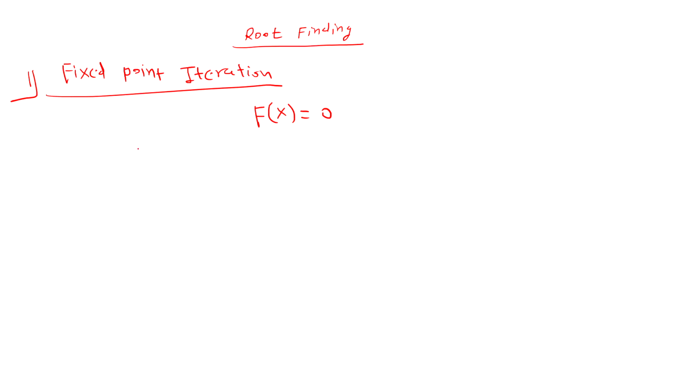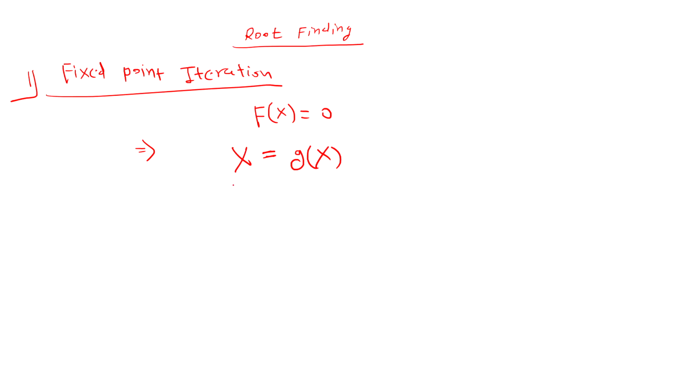Now, from this f of x is equal to 0 expression, in this fixed point iteration method, we will find out an expression such that it will be given as x is equal to g of x. So from this function f of x is equal to 0, we will make an expression in such a way that it should show that x is equal to g of x.